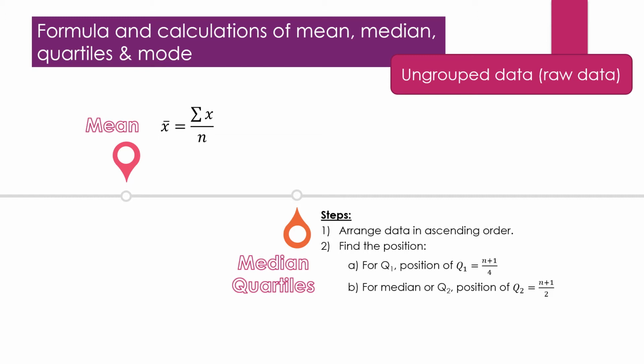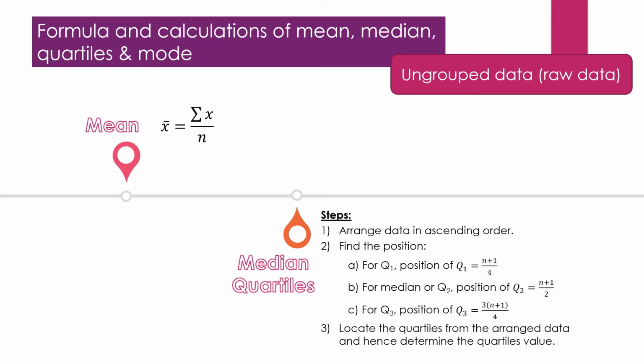For median or second quartile, the position is (n plus 1) divided by 2. And for the third quartile, the position is 3 times (n plus 1) divided by 4. Then locate the quartiles from the arranged data and determine the quartile values.